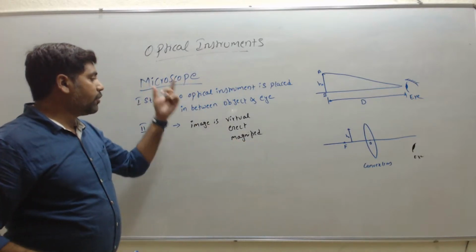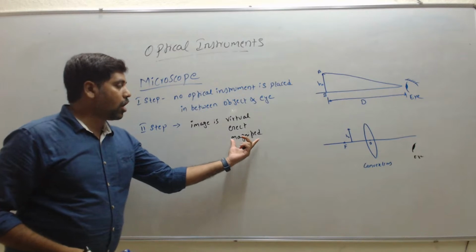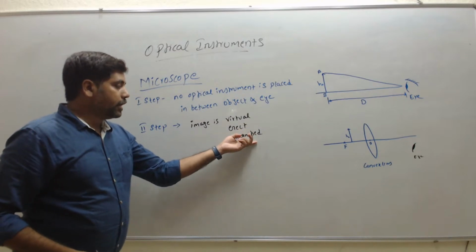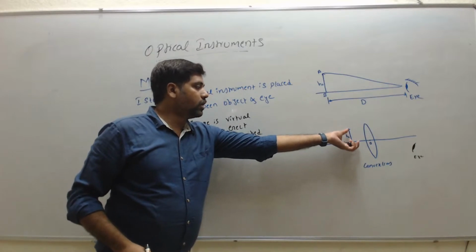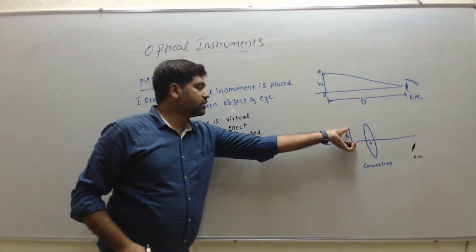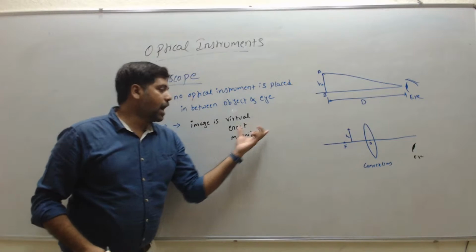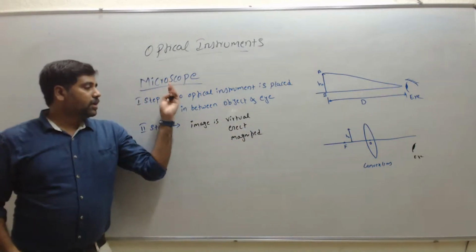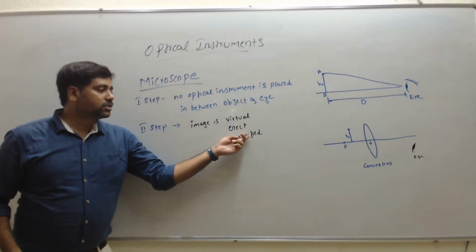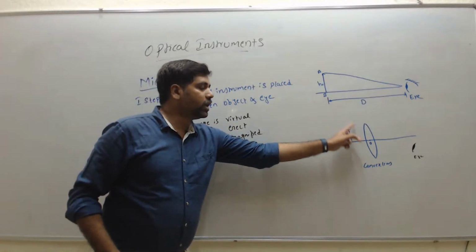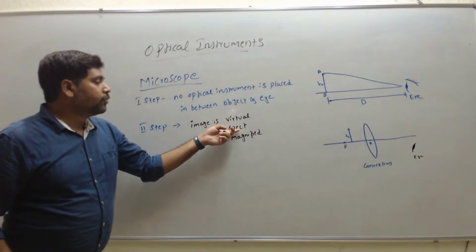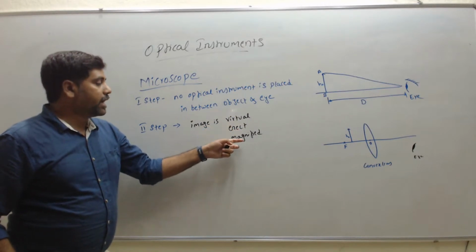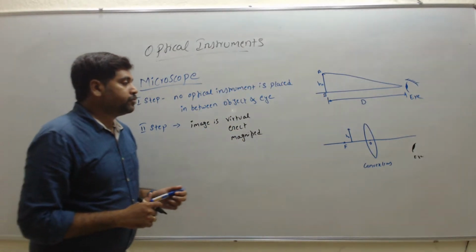So the principle of the microscope is that we have to see a larger image of the point object. Here we consider this as a point object, the object size is small. Then by using the microscope, we can see the larger size of the image of the object. So the image is virtual, erect, and magnified.